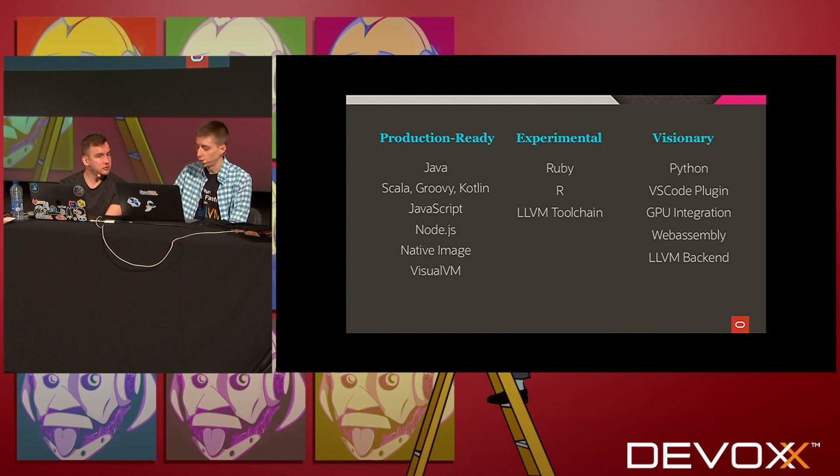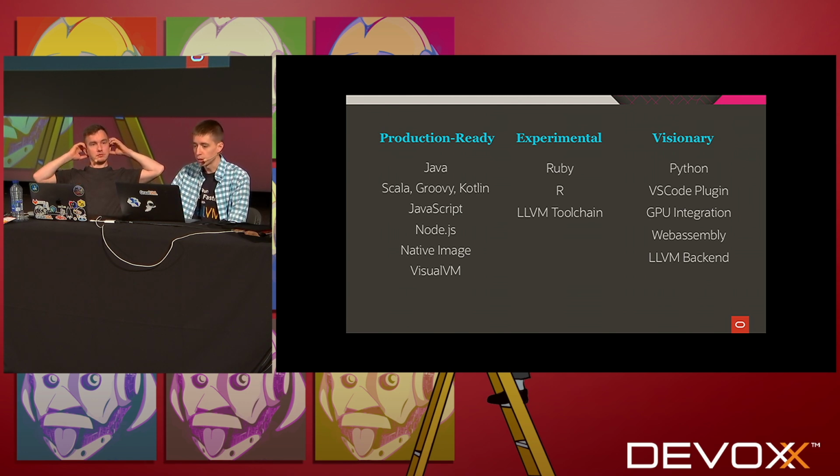We are working with NVIDIA on a collaboration for better GPU integration. There is a talk about this also at this conference on Thursday, right? About GraalVM and CUDA, we have something called GrCUDA that will allow offloading any GraalVM languages onto the GPU, and we're working together with NVIDIA on that.